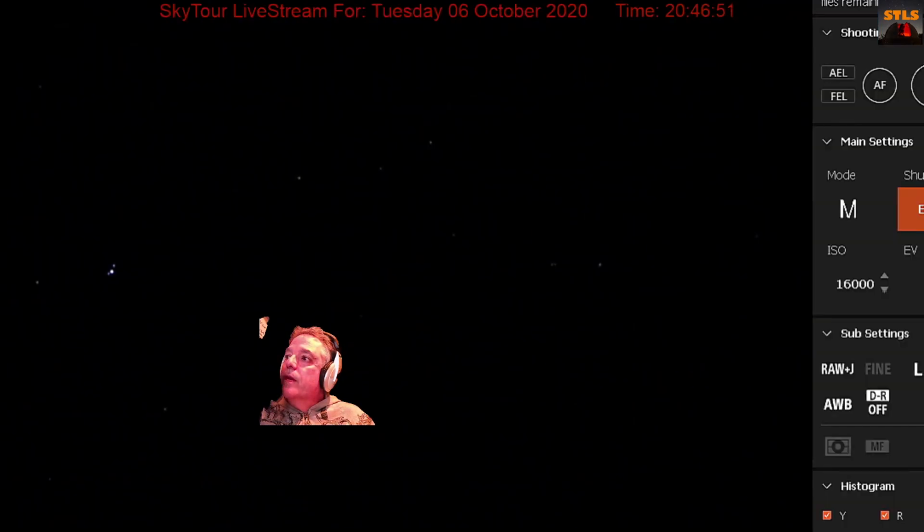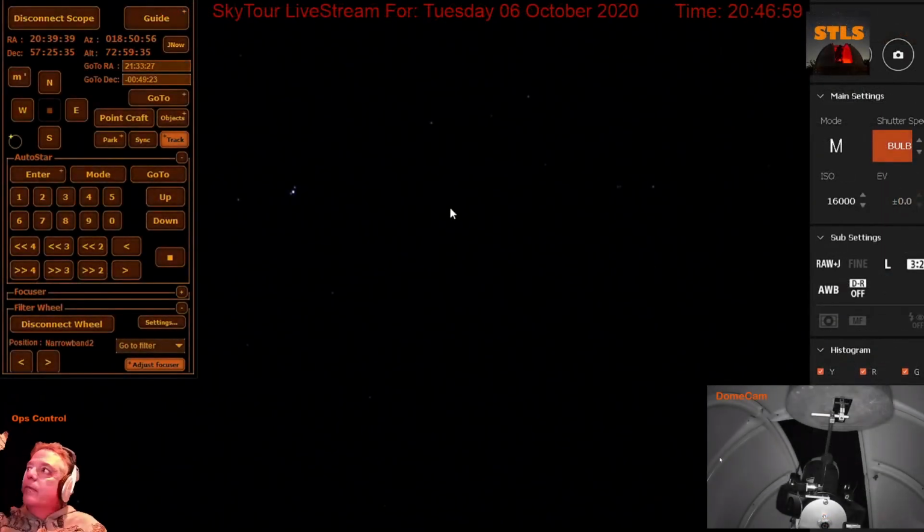Now, this is with filter narrowband 2, so it's the wider slices, wider but still slices through the spectrum. So why don't we take another shot real quick? Let's go back to this actually. All right, and I'm going to just show you what I'm doing so that's not hidden.